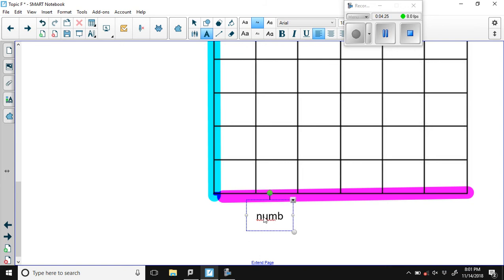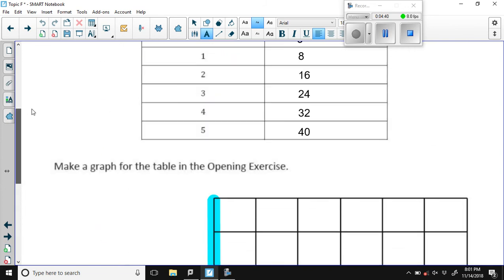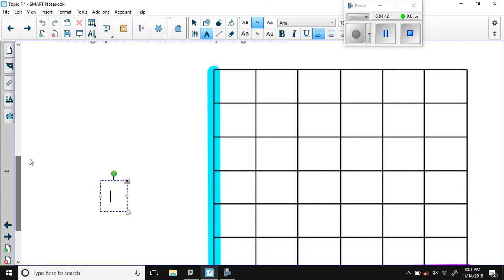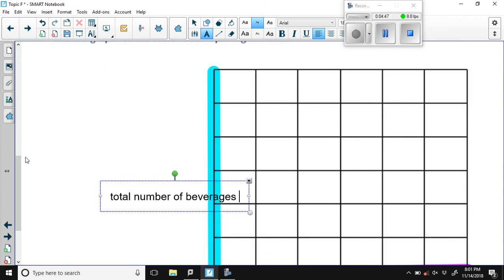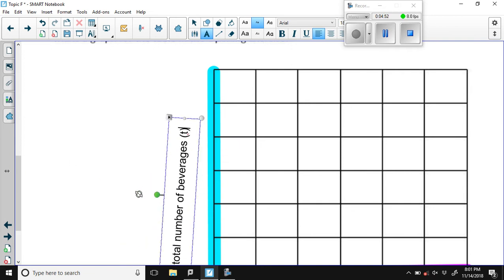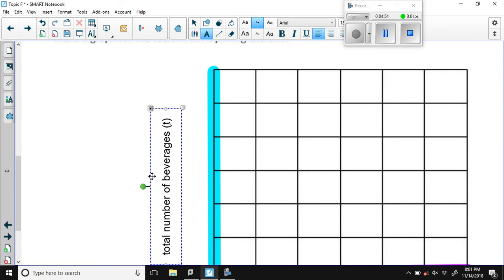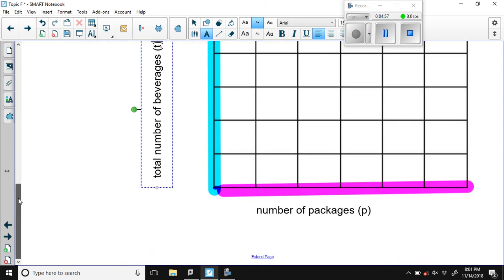So this is number of packages, and that's represented by P. And then over here, it is total number of beverages, and that is represented by T.